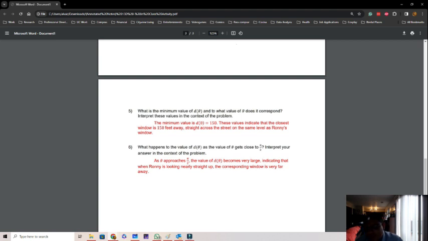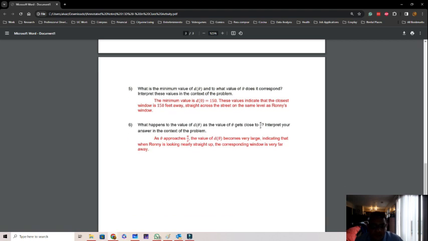The minimum value, d of 0, will be 150, since d of theta is 150 over cosine of theta, so d of 0 is just 150. This value indicates that the closest window is 150 feet away, which is, of course, across the street at the same level.